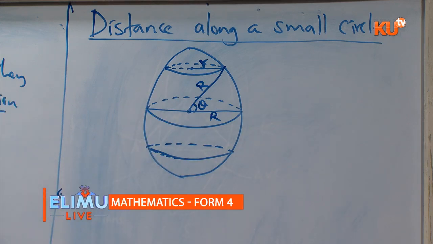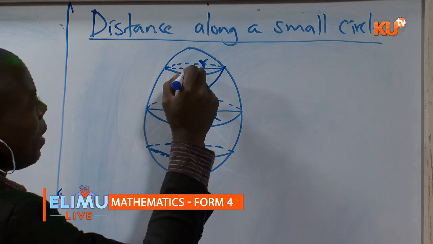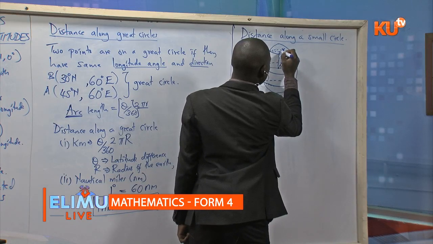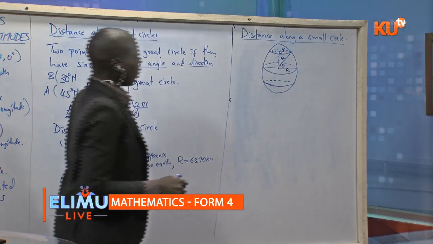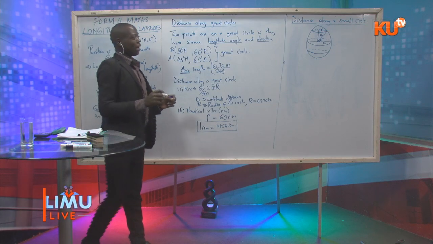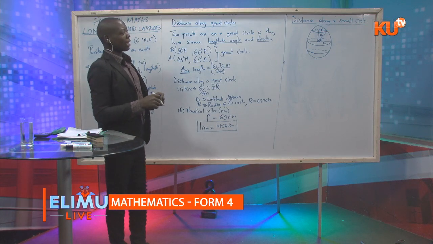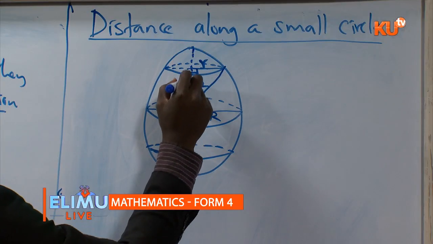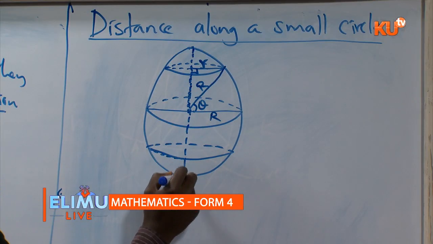And so if we drop this, I want us to obtain a triangle. Remember we said that the small circles, their plane is always perpendicular to the Earth axis. The Earth axis means the line joining the North and the South Pole.